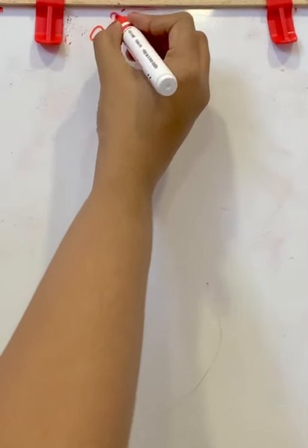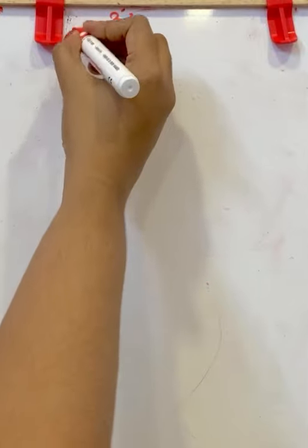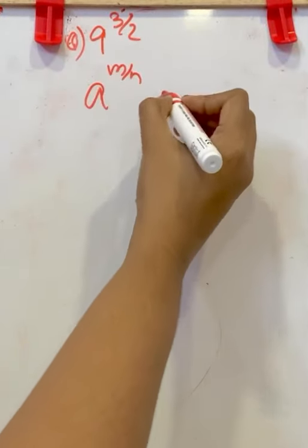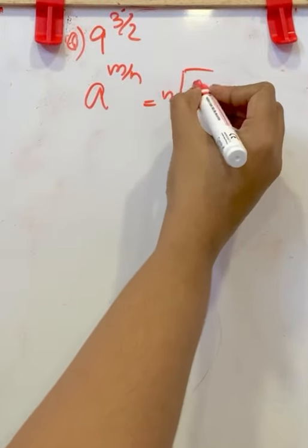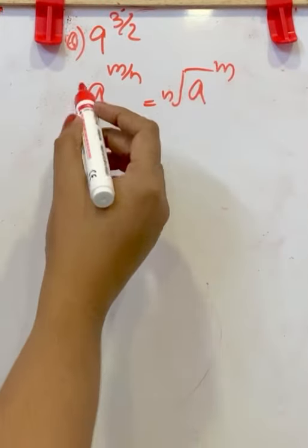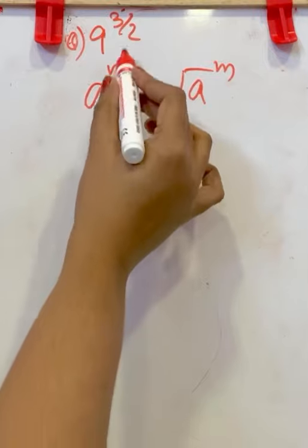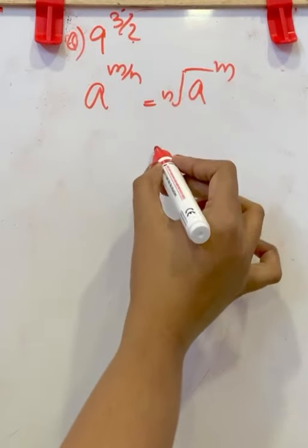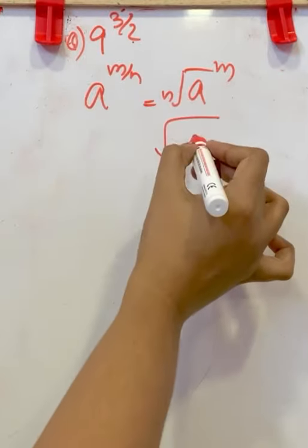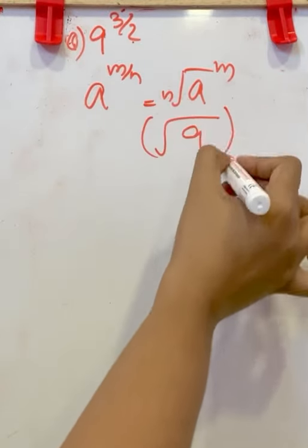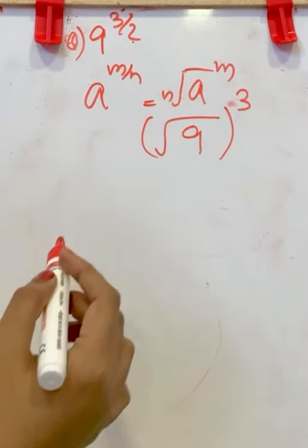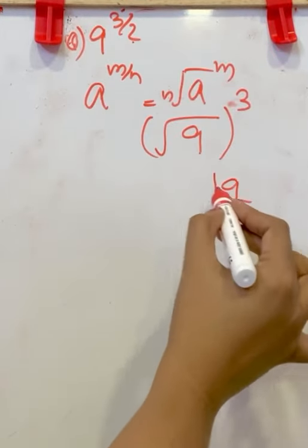9 raised to 3 by 2. Here again a raised to m by n is nth root of a raised to m. Here m is 3 and n is 2. So nth root means square root of 9 raised to m, and m is 3 here. So square root of 9 raised to 3. You want to factorize it.